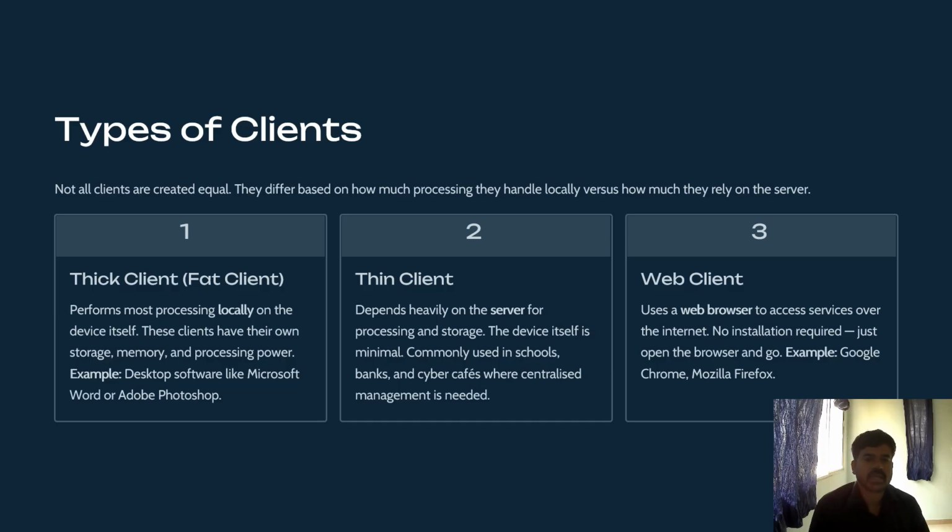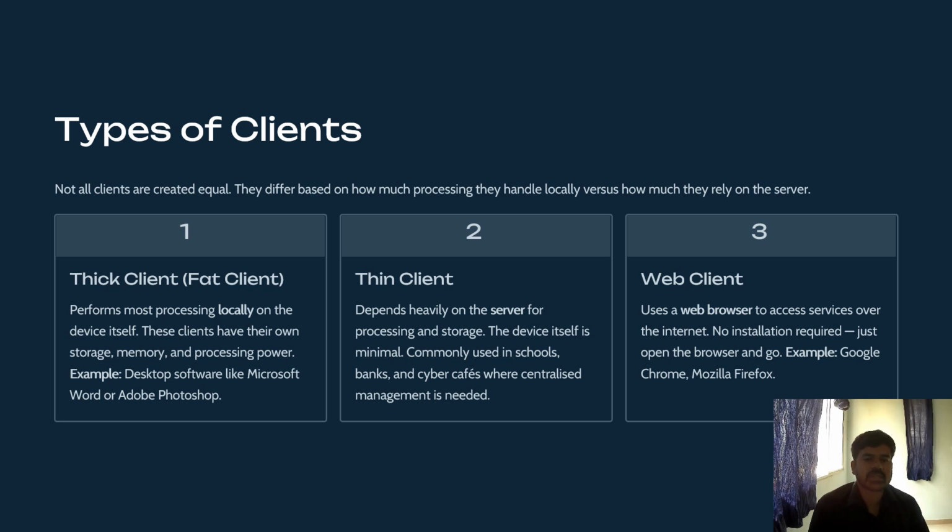There are mainly three types of clients. The first one is thick client. It performs processing on its own. Example, MS Word installed on your computer. The second one is thin client. It depends on the server for processing.